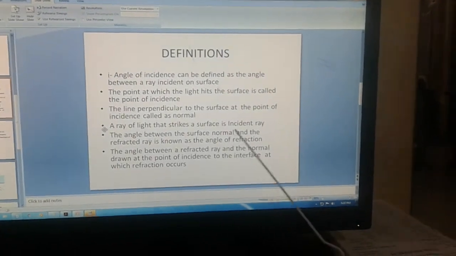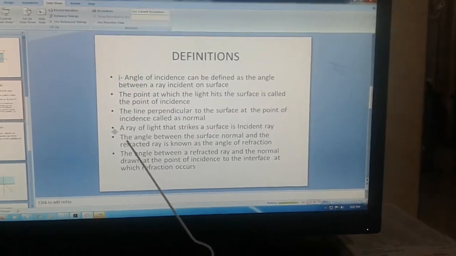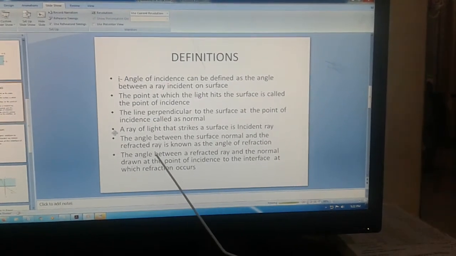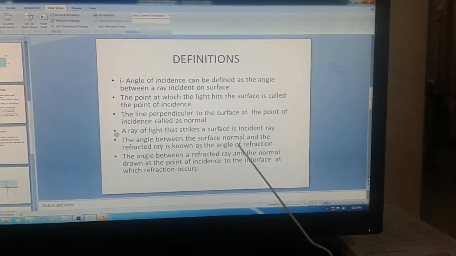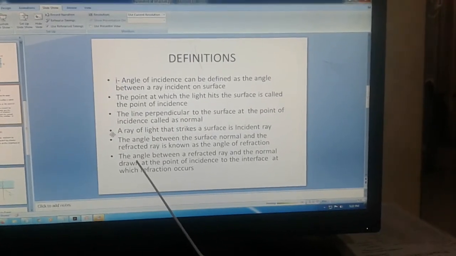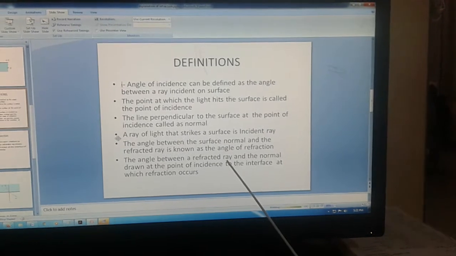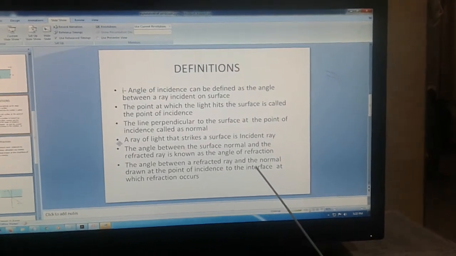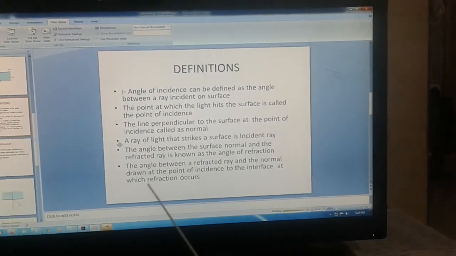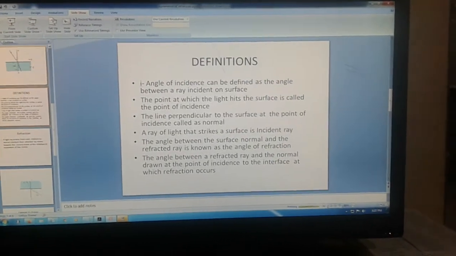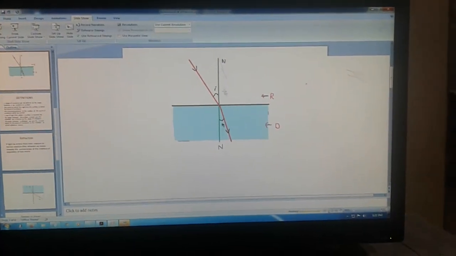Next, the angle of refraction. The angle between the surface normal and the refracted ray is known as the angle of refraction, at the interface at which refraction occurs. These are the common definitions which we can conclude from this diagram.